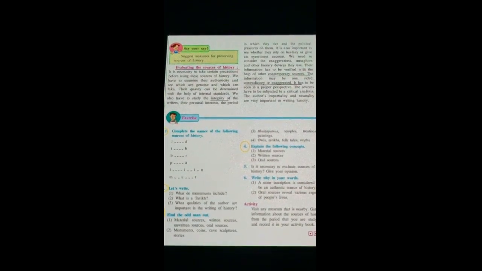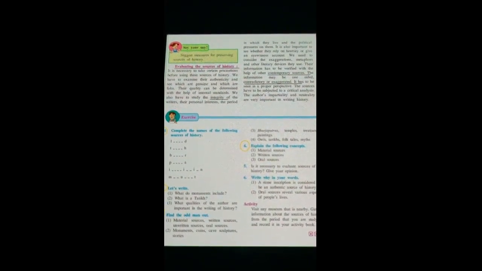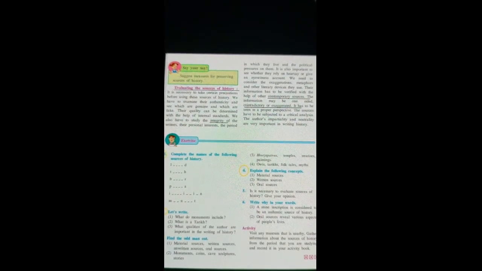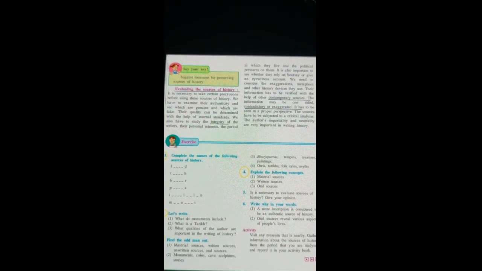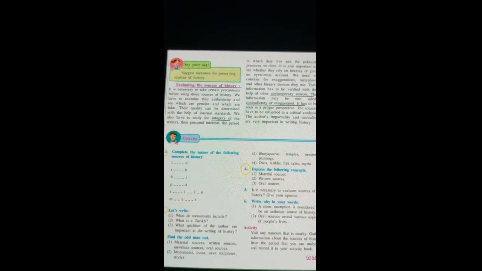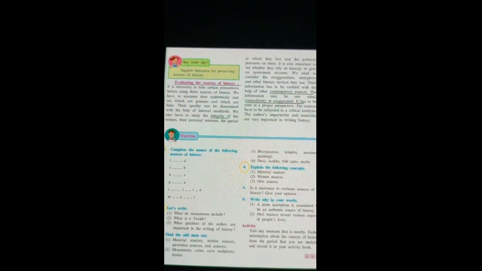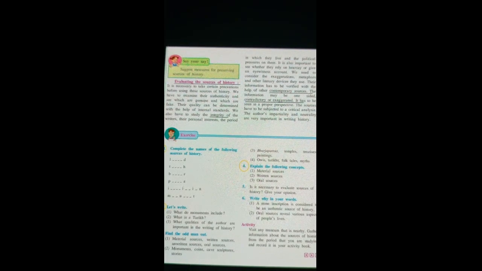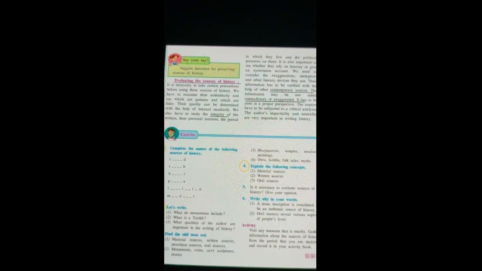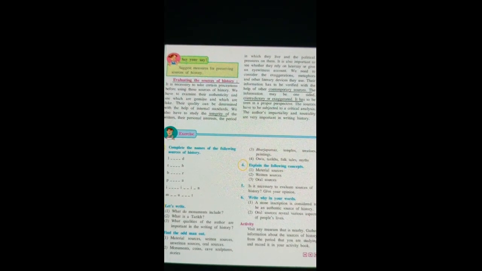The author's impartiality and neutrality are very important in writing history because we have to be sure that the writer's description is not biased, he is not unfair and neutral with no favoritism. Only then can that source of history be a reliable source of history.